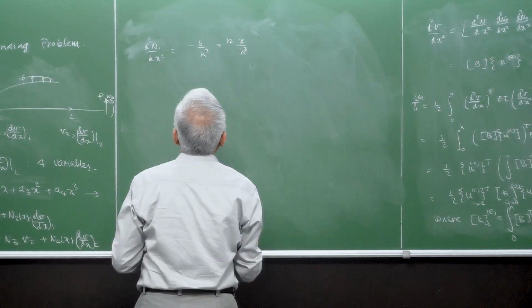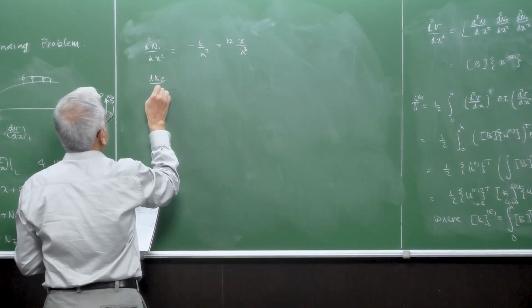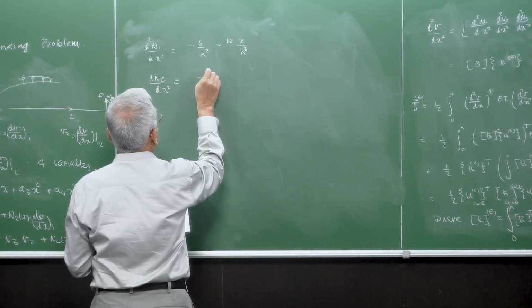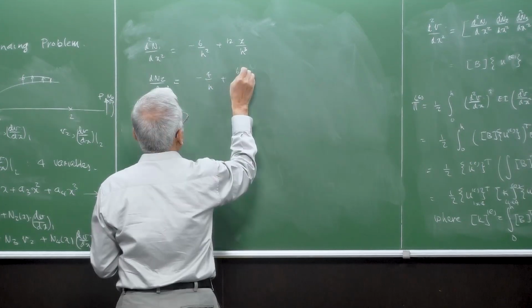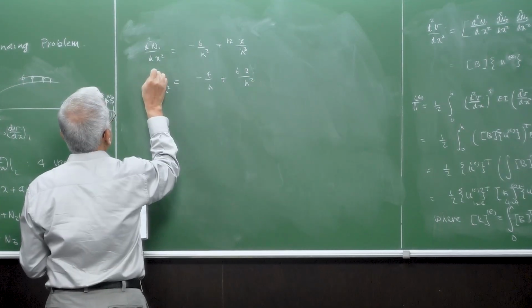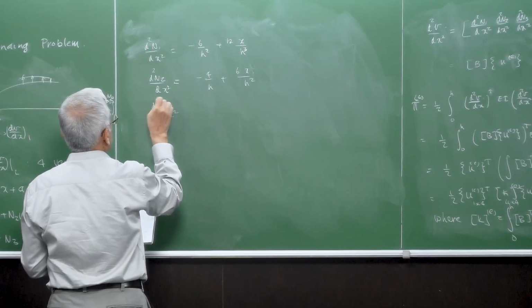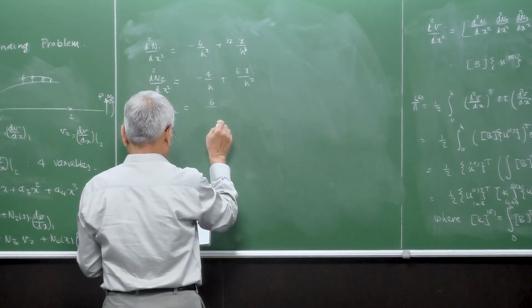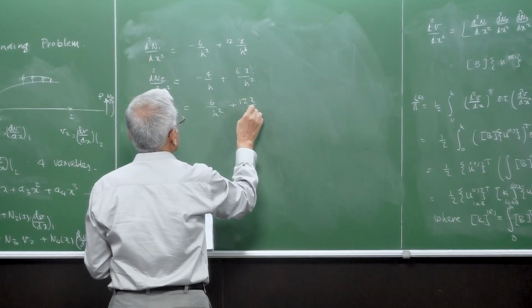This is for N1, and N2 is minus 4 divided by h, 6 by h squared, and N3 is 6 by h squared, minus 12x by h cubed.